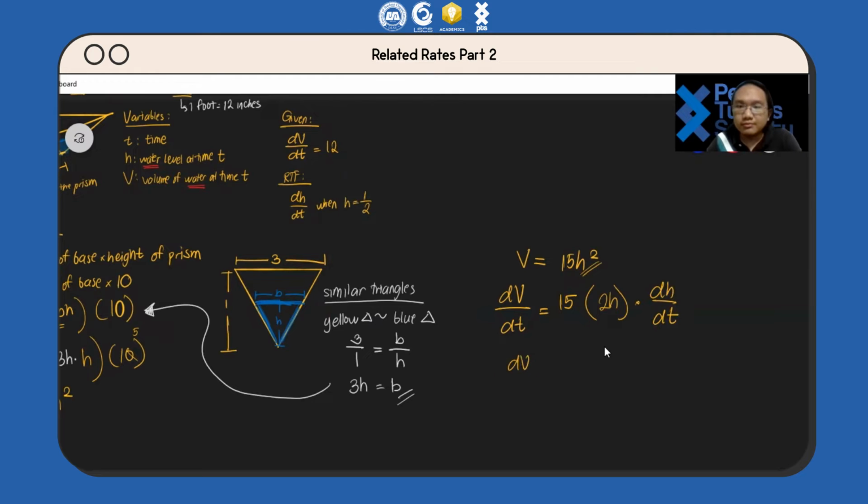So it's equal to 30h multiplied by dh/dt. So that's our dV/dt. And we plug in the values from our given over here. dV/dt is 12, so 12.